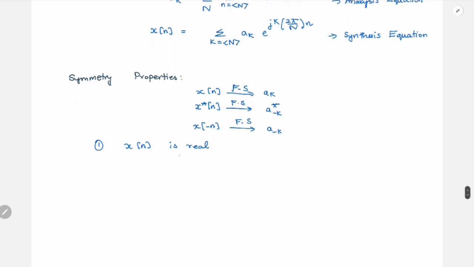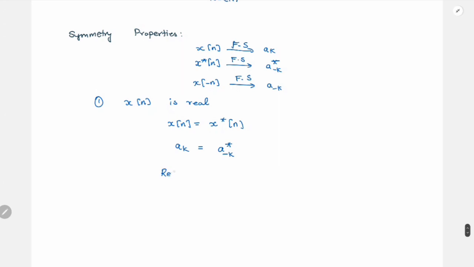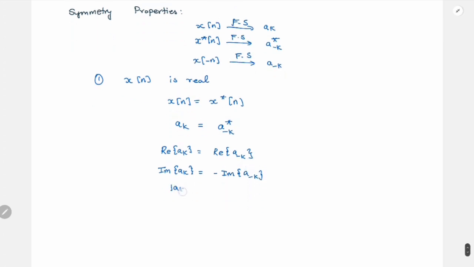So if x[n] is real, then x[n] equals x conjugate of n, which means a_k equals a_{-k} conjugate. So the real part of a_k equals the real part of a_{-k}, the imaginary part of a_k equals minus the imaginary part of a_{-k}, the magnitude of a_k equals the magnitude of a_{-k}, and the phase of a_k equals minus the phase of a_{-k}.